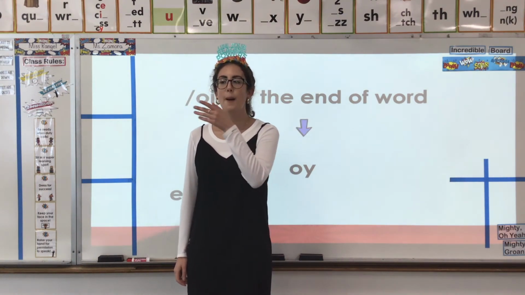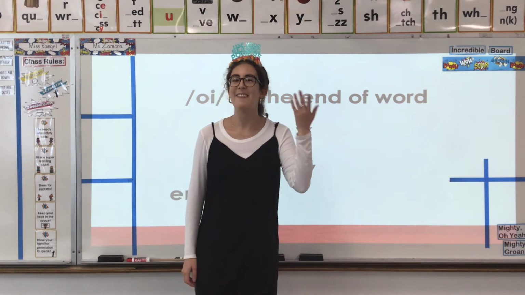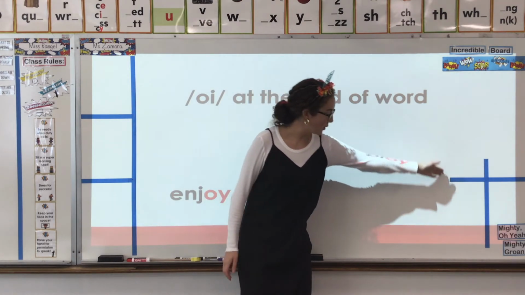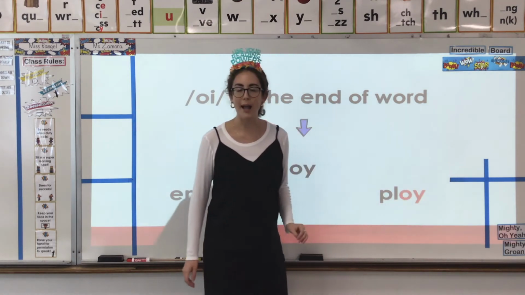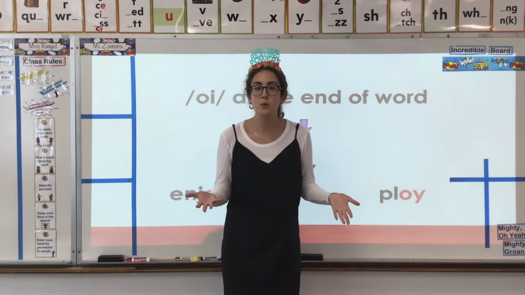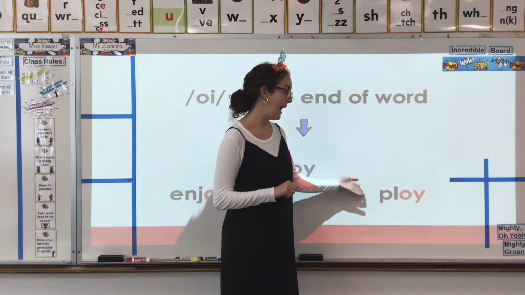Can you say that? Ploy. We hear the oi sound at the end of the word, so it's spelled with O-Y. If you don't know what a ploy is, it's a move someone makes or a part of a plan they have. A ploy.